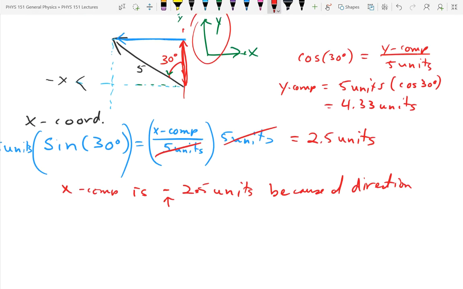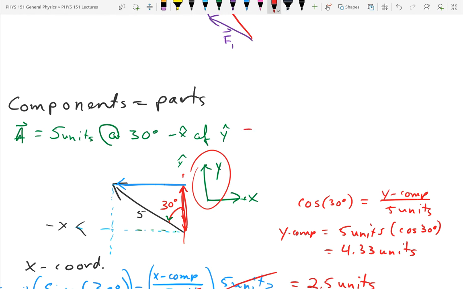And so now I can write my A vector as minus 2.5 units i hat plus 4.33 units j hat. So that's two different equivalent, both correct, ways of writing a vector. And you need to be able to go back and forth between them.